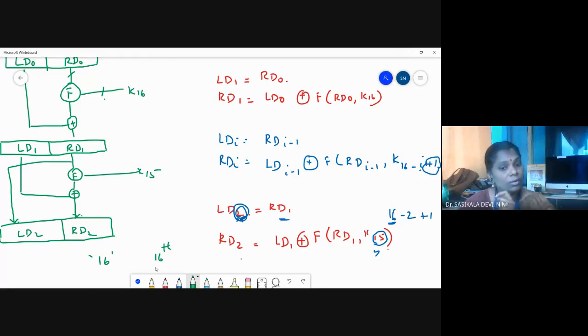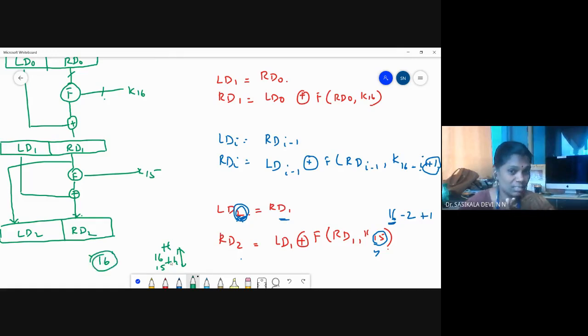The second round of decryption will undo the effect of the 15th round, the third round will undo the 14th round, and so on. Finally, the 16th round of decryption will undo the effect of the first round of encryption.